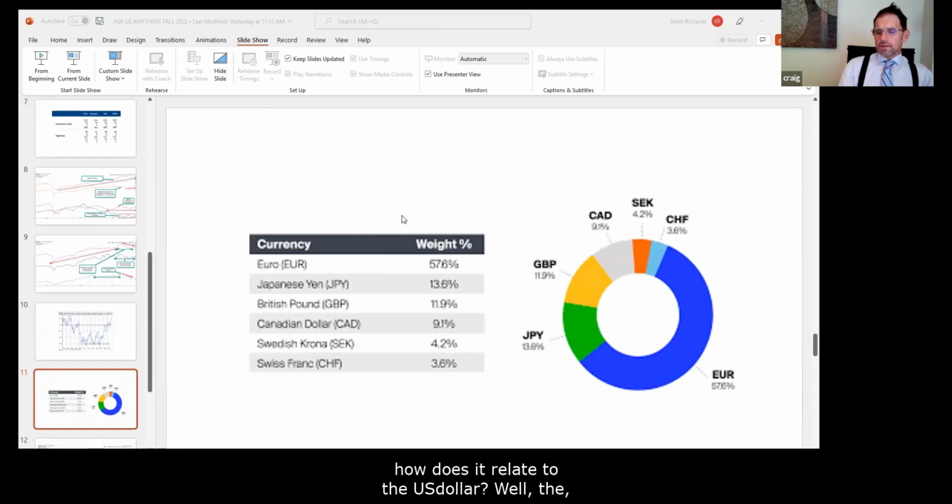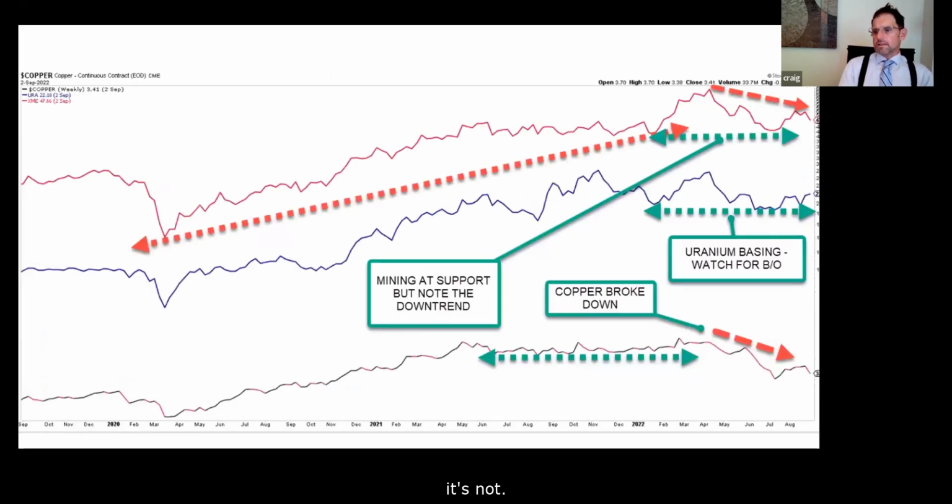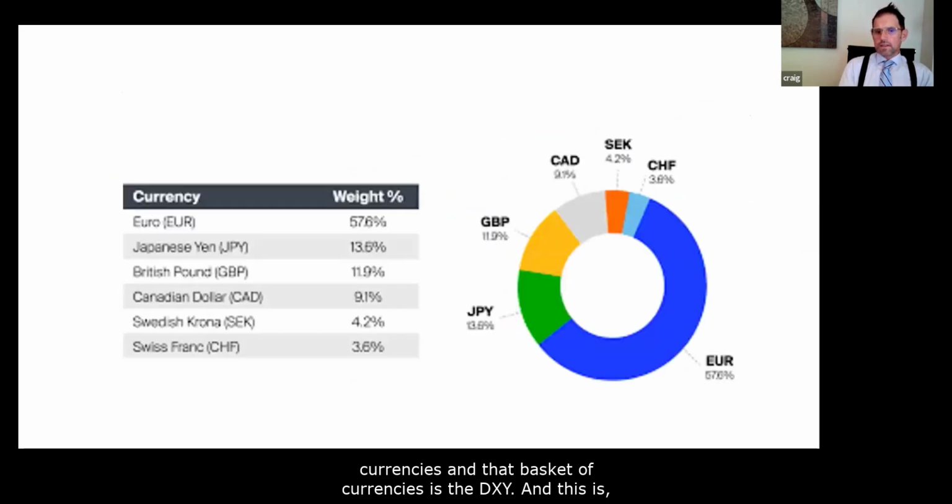Well, the DXY is a basket of currencies that is traded against the US dollar. So instead of being the US dollar against the Canadian dollar, it's not. We look at how the US dollar trades against that basket of currencies, and that basket of currencies is the DXY.